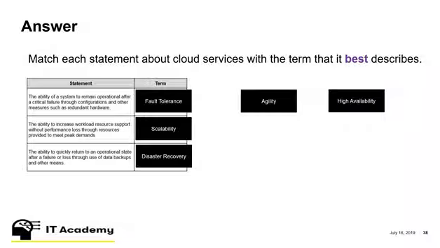Let's quickly talk about those two terms that we didn't have a statement for in the question. So agility, that's the ability to provision resources, deploy things, and to make configuration changes quickly in line with business needs. High availability, that's the planning of an environment to implement enough fault tolerance, enough capacity, and enough countermeasures to protect us from service outages.